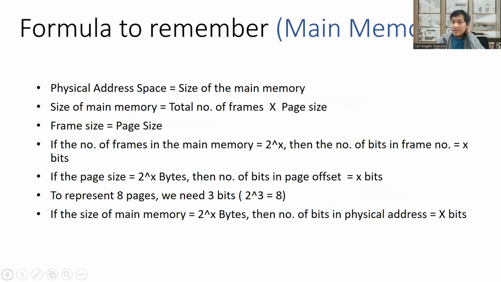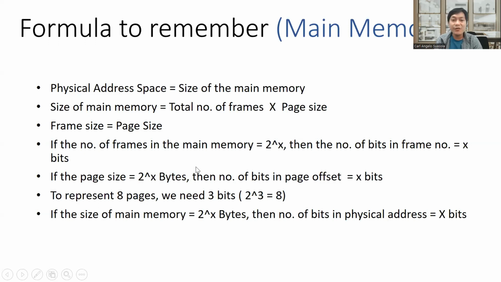So remember this, guys: in terms of main memory, we have certain formulas to remember. The physical address space is equal to the size of the main memory. The size of main memory is equal to the total number of frames multiplied by the page size. The frame size is equal to the page size, since the block must indicate the frame size and the page size.